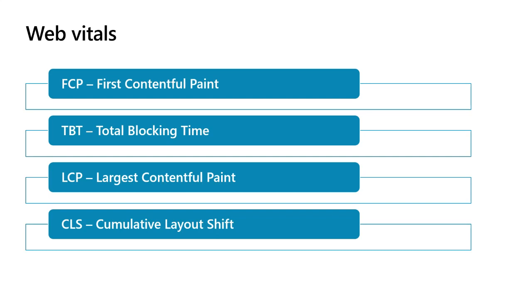The next is the CLS, which is cumulative layout shift. It's an important user-centric metric for measuring visual stability because it helps to quantify how users experience unexpected layout shift. A low CLS helps ensure that the page is delightful.